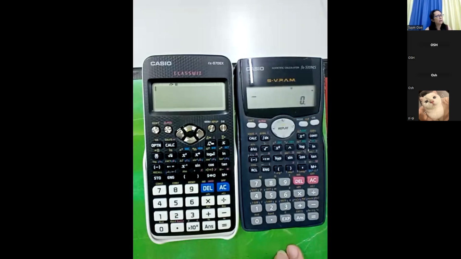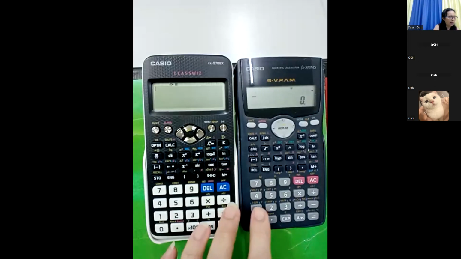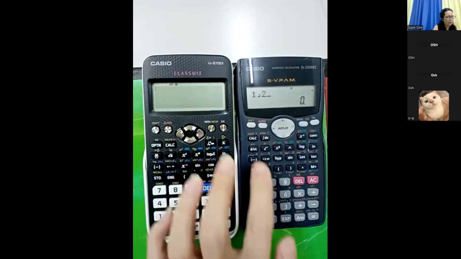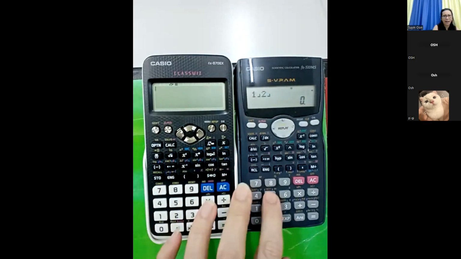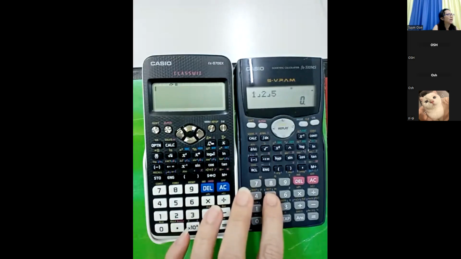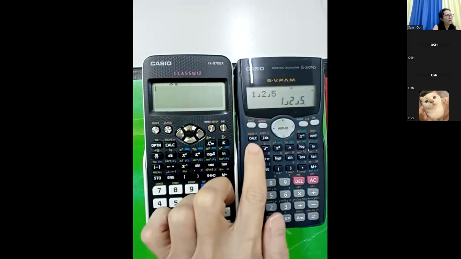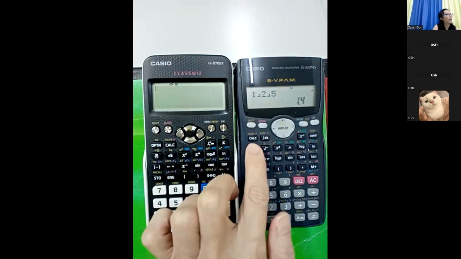You know mixed number? Mixed number is 带分数. Let's say 1 and 2 per 5. Put equal, there, same thing, 1.4.